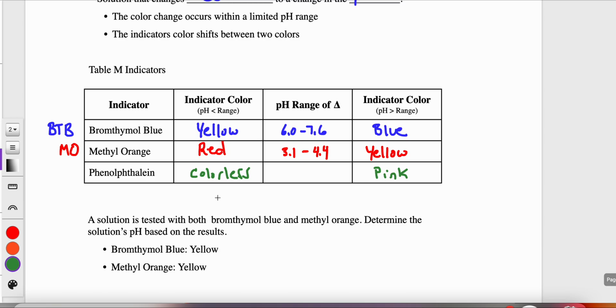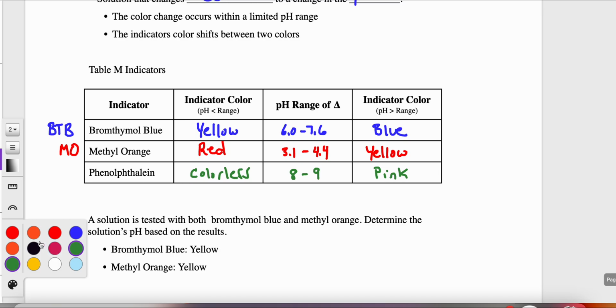It will remain colorless when the pH is less than 8. It will start to exhibit its pink color when the pH is greater than 9. The shift occurs between 8 and 9, but once you hit a solution of like 9.1, it definitely exhibits its pink color.